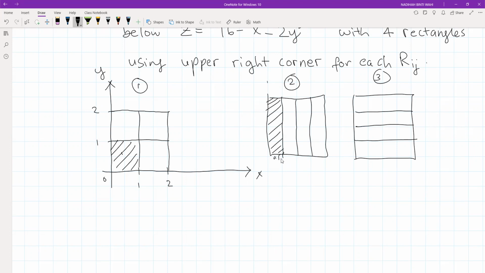Walaupun nilai dia sama, sebab jumlah tu akan dapat benda yang sama. So nampak tak awak ada macam tersekat sedikit bila nak buat macam tu. So dalam kes ni it's preferred that we use square.